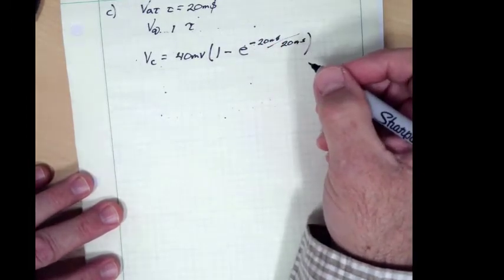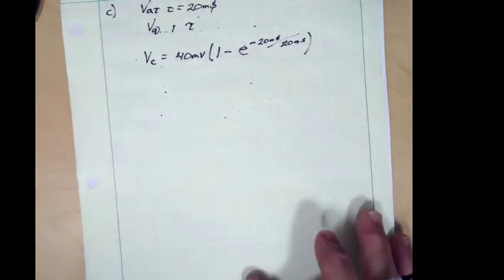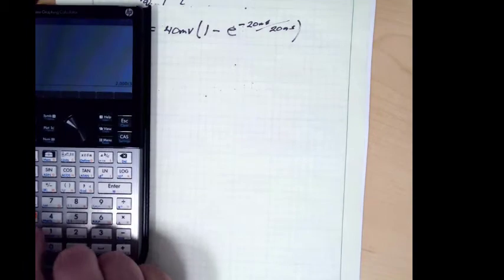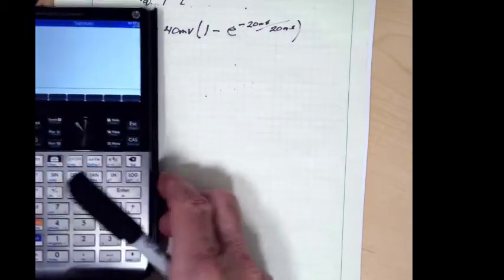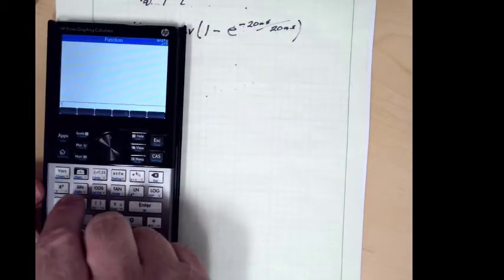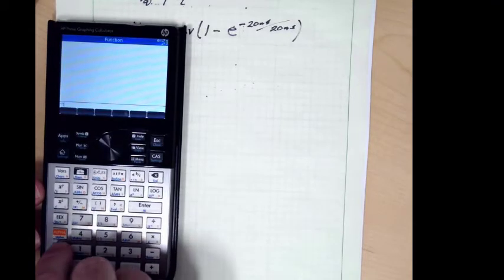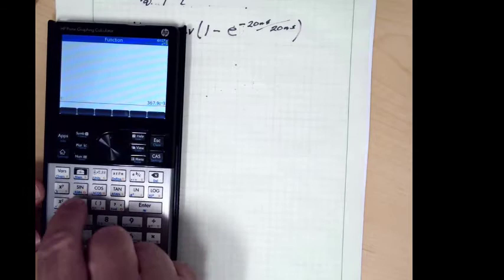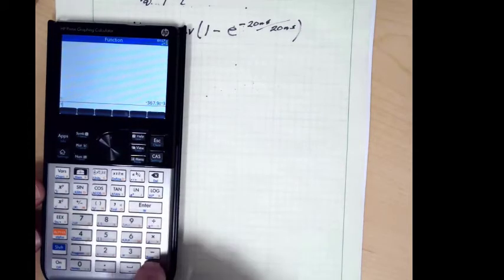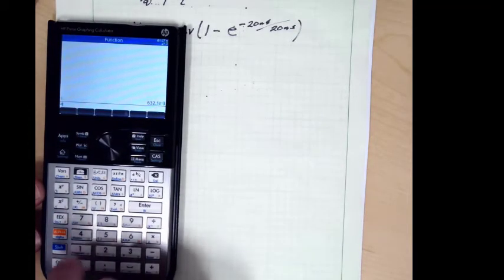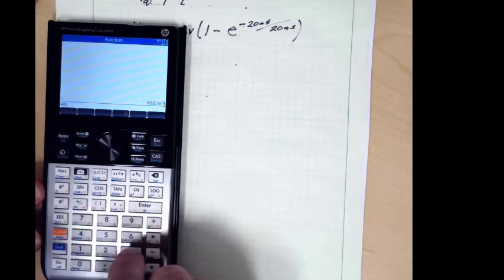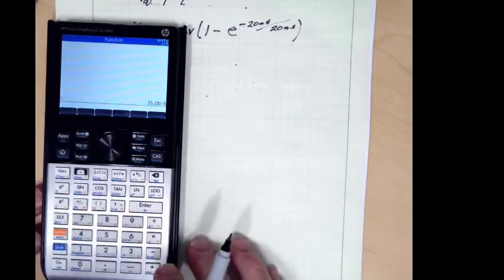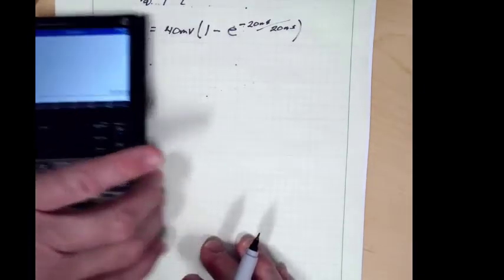or 1 time constant. So we run those calculations, so we get e to the minus 1, subtract that from 1, multiply that by 40 milli, and we'll get about 25.28 millivolts.